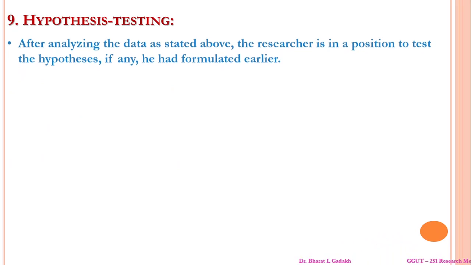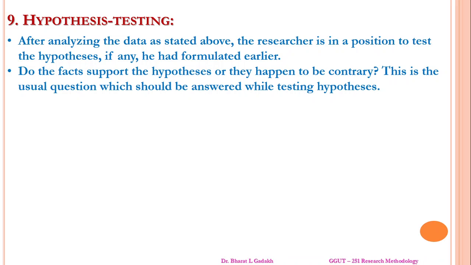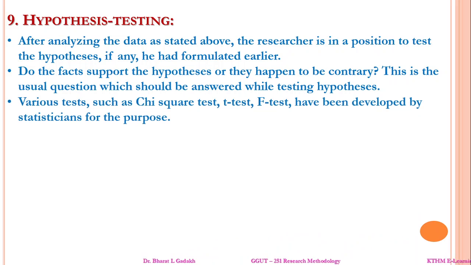Now, hypothesis testing. After the analysis of the data, the researcher is in a position to test the hypothesis, if he had formulated one earlier. Does the data support the hypothesis, or do they happen to be controversial? These are the usual questions which should be answered while testing a hypothesis.